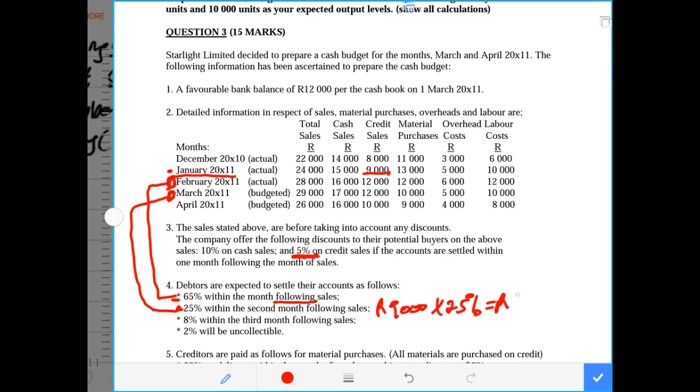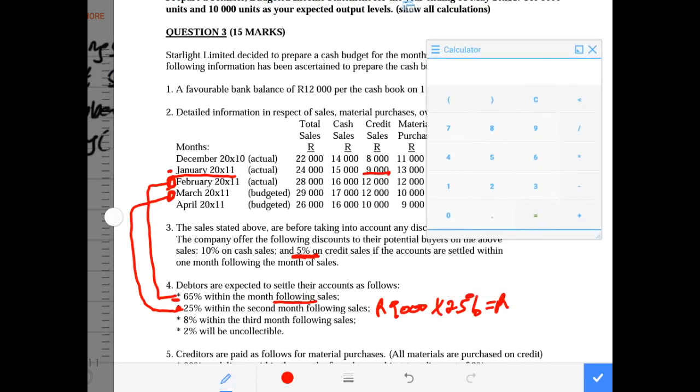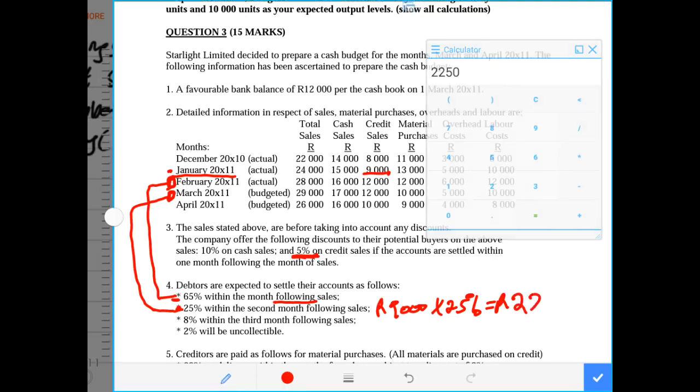It will give us the amount that we estimate to collect in the month of March from the sales that we made in January, which is 2,250. This is what will be collected in the month of March.